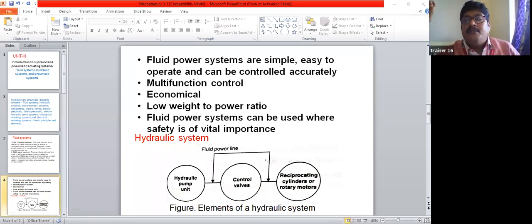In hydraulics, I told you that we use a liquid. All of you know that a liquid has no shape of its own. And a liquid will not compress, so remember this one. A liquid transmits the applied pressure in all directions.